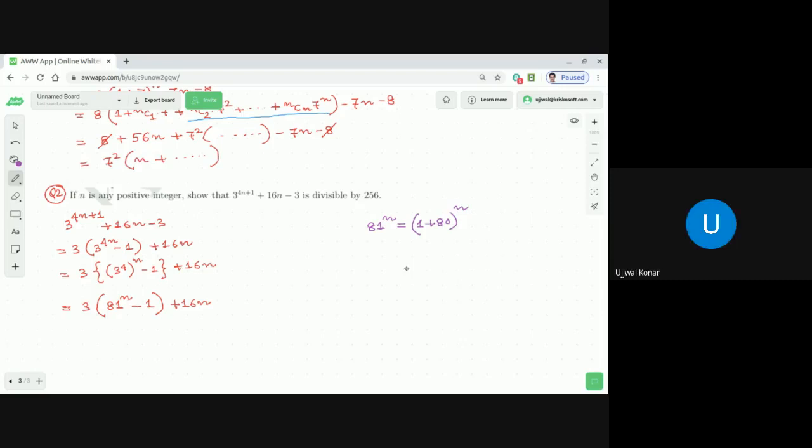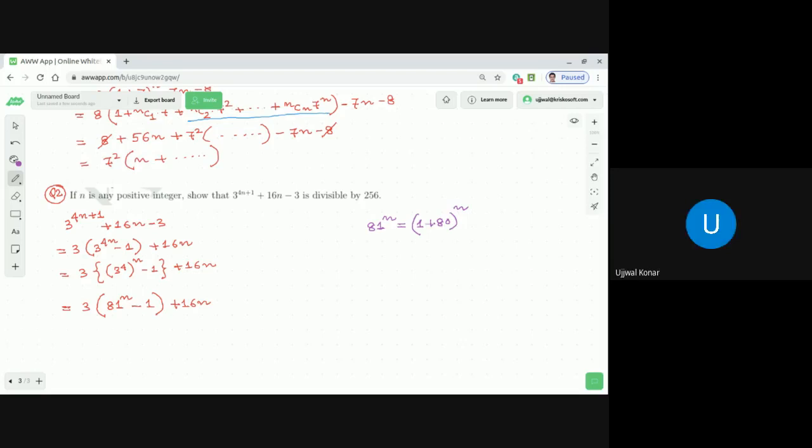Then what will we get? Here you will get 1 plus all terms related to 80. Now 80 is a factor of what? 80 square contains 256 as a factor. That is what I wanted to mean. Correct now, dear students?